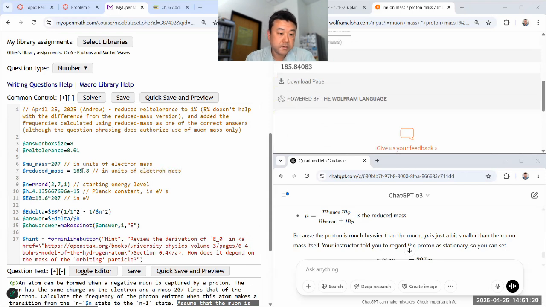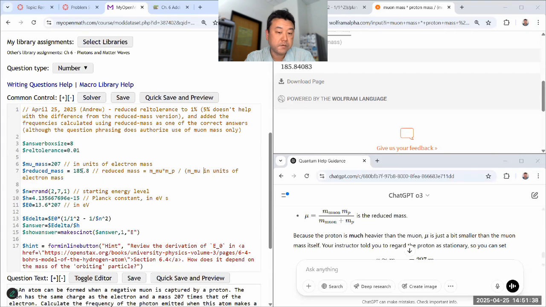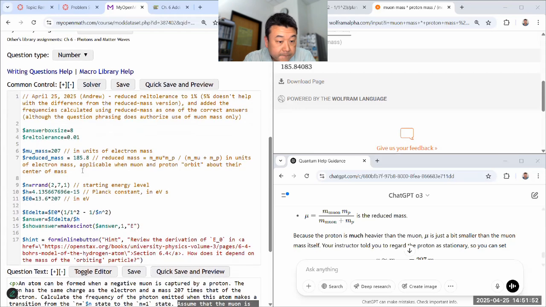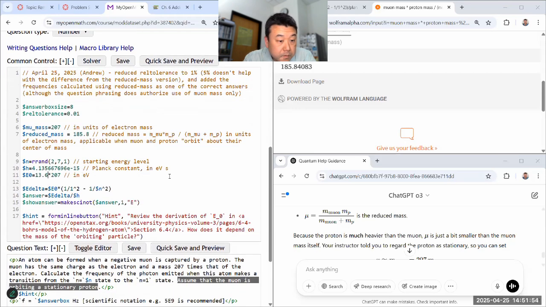So it's a reduced mass, mu times m proton divided by m mu plus m proton, applicable when muon and proton orbit about their center of mass. So I think I'm getting rid of that.